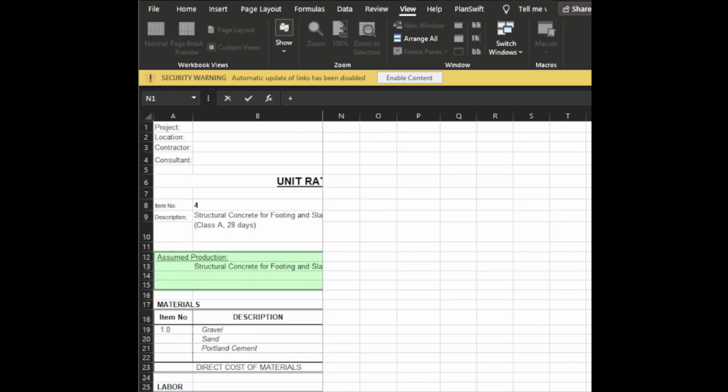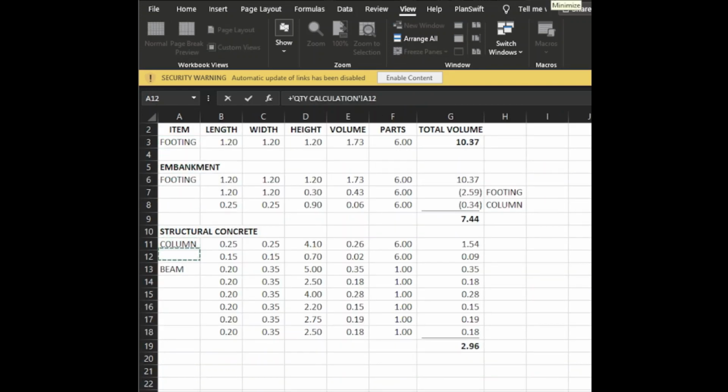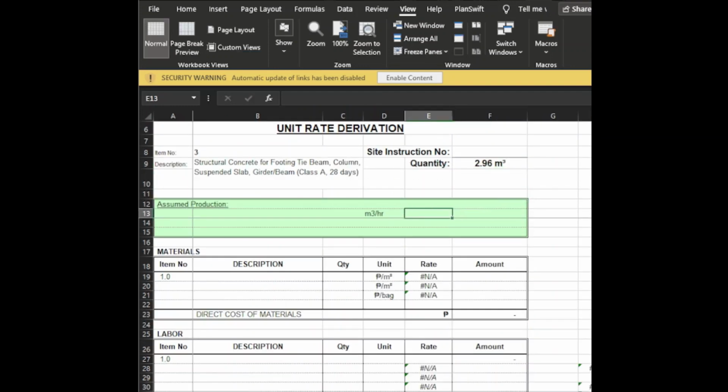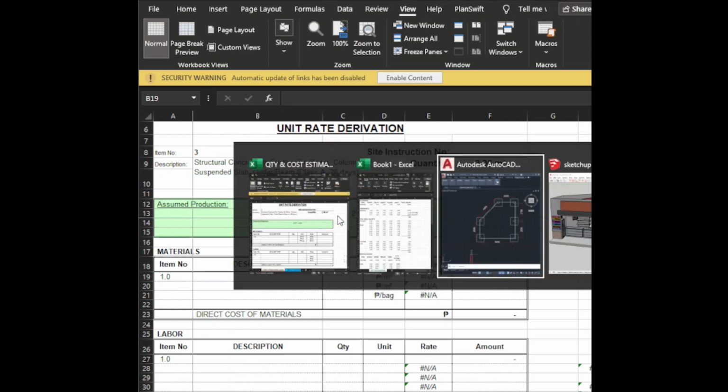We will link this one to the quantity, which is 2.96 cubic meter. For the assumed production of this one, guys, it's 0.27 cubic meter per hour. This is just a review actually, guys. We have already discussed this one before.